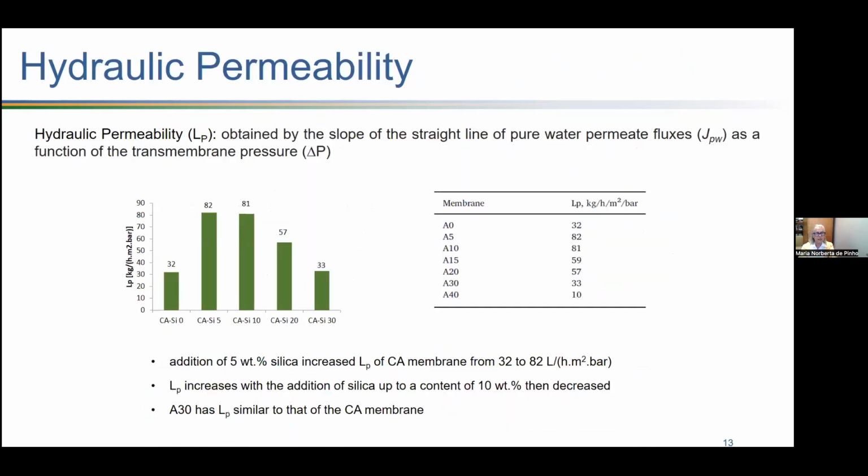Okay, so now testing these membranes, the hydraulic permeability is the capacity of the membrane to be crossed by water under a pressure gradient, the transmembrane pressure. By the slope of the fluxes versus the transmembrane pressure, we get the hydraulic permeability in kilograms per hour, per square meter, per bar.